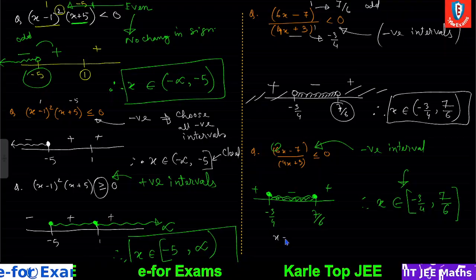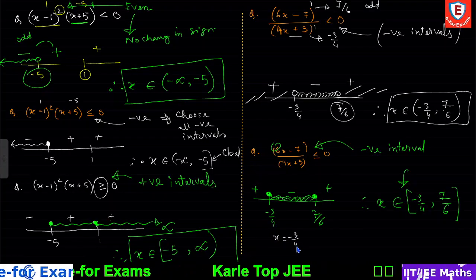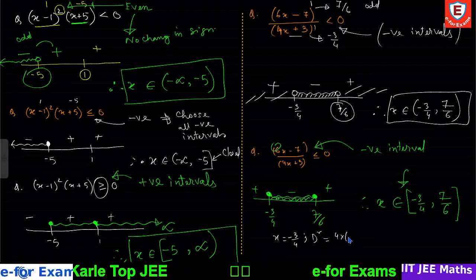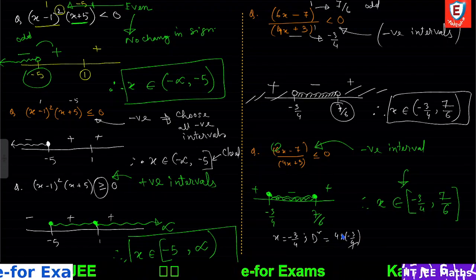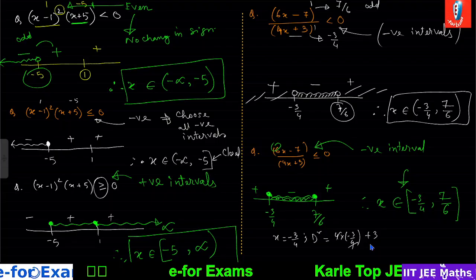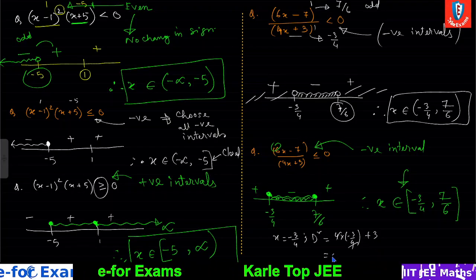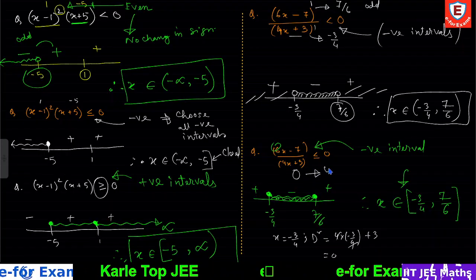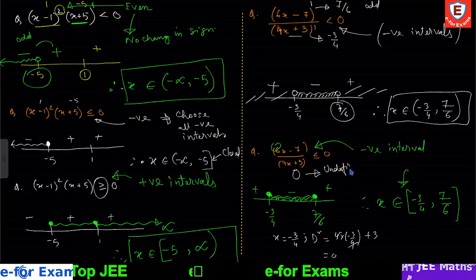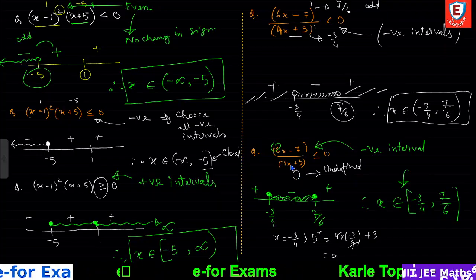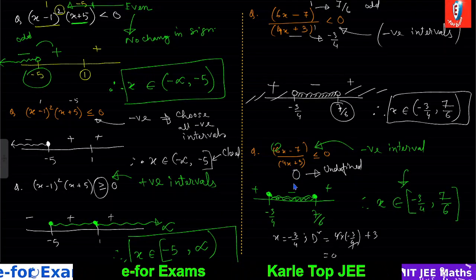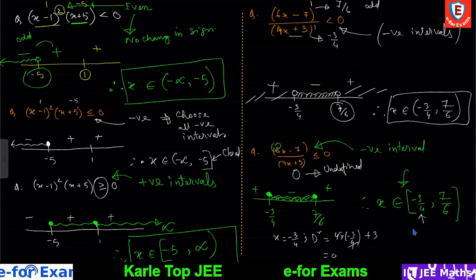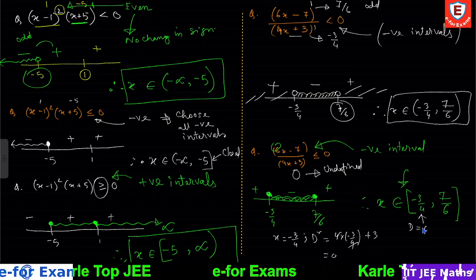When I use x equal to minus 3 by 4, the denominator equals 4 into minus 3 by 4, the 4 cancelled, plus 3. It becomes 0, right? If the denominator becomes 0, this means undefined. And when does the denominator become 0? When x is equal to minus 3 by 4.